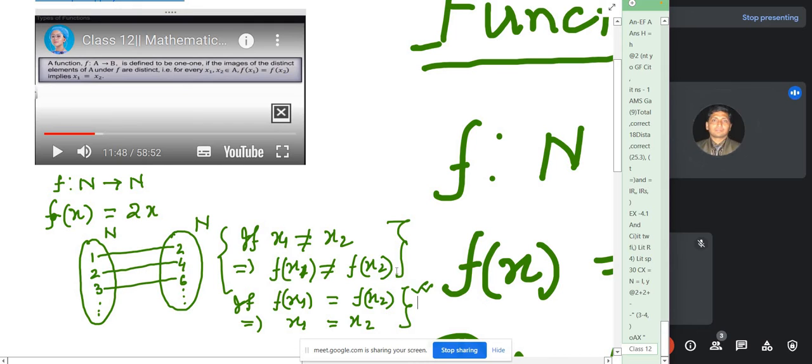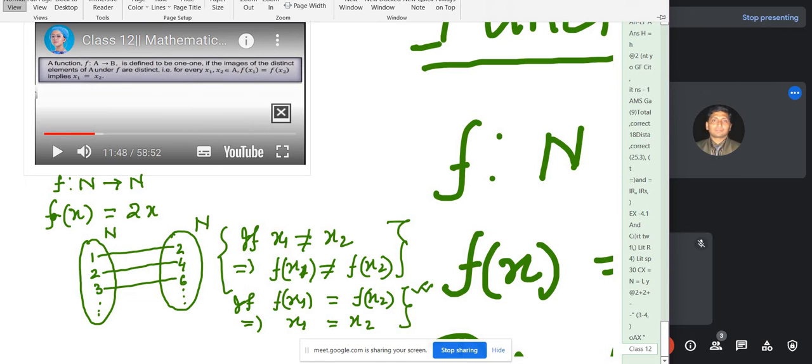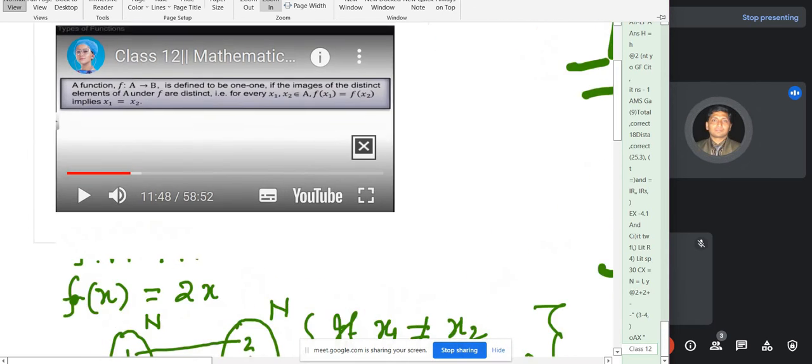But if you know that it is not injective, then we'll take distinct elements of the domain, and if you get the same image for both the elements, then we can say that it is not 1-1. Okay, so two definitions you will remember.